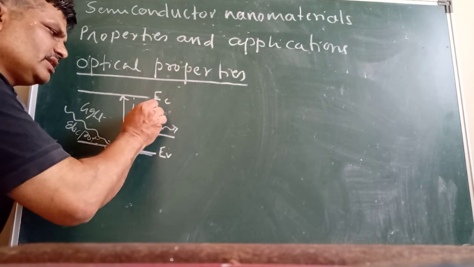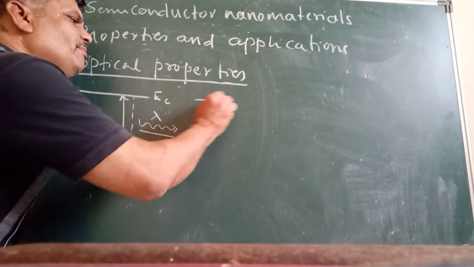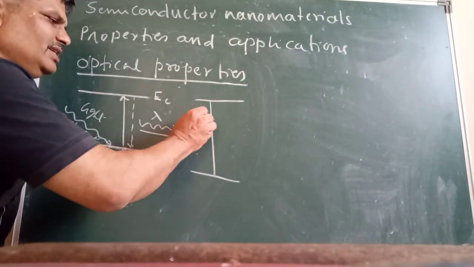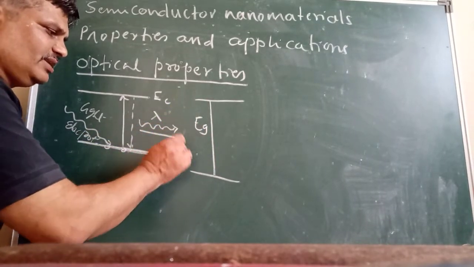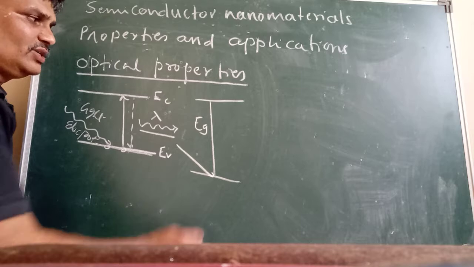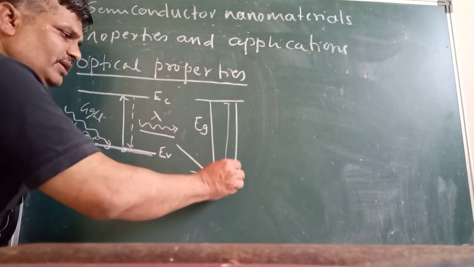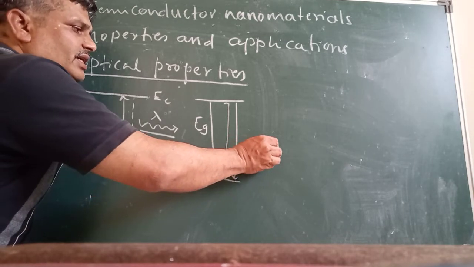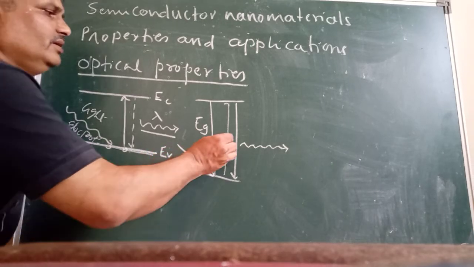Again, let us consider lambda as the wavelength of the radiation. If the band gap increases, meaning the energy gap increases, then when external energy is supplied to the electron, it goes to the conduction band, and while coming back to the valence band it gives electromagnetic radiation of higher energy.